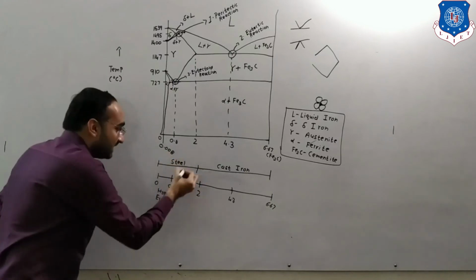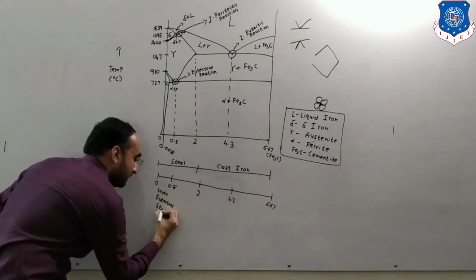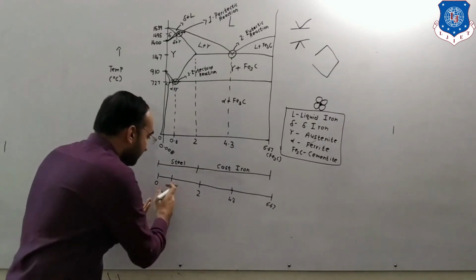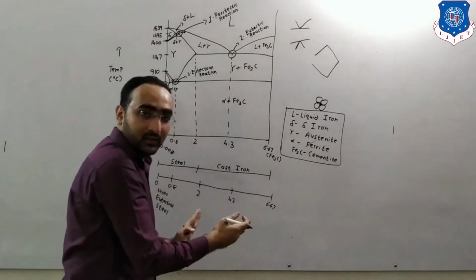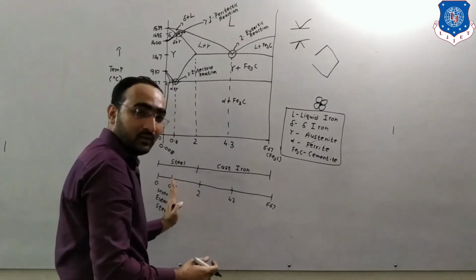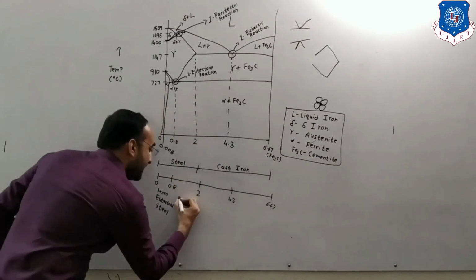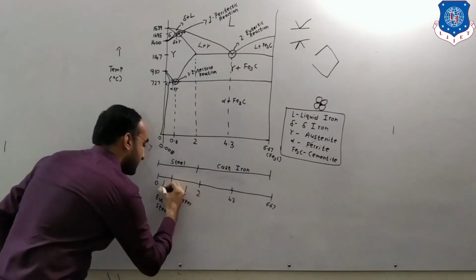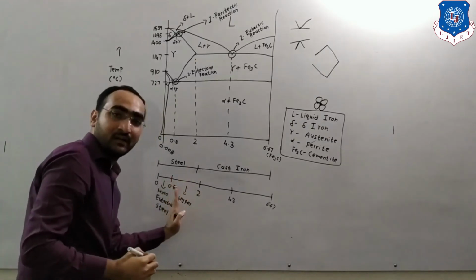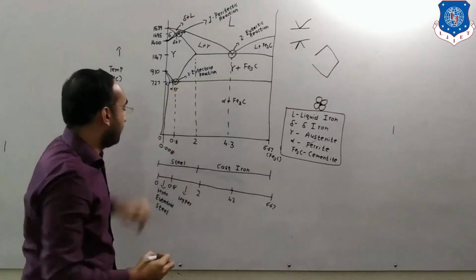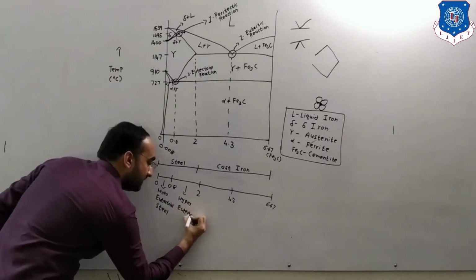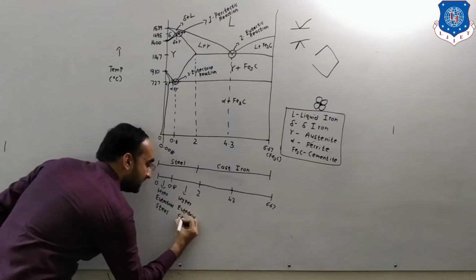And which area is it? That is steel. That is known as hypo-eutectoid steel. In the same way, the region after 0.8 is known as hyper. So this area is known as hyper. Which reaction occurs at 0.8? Eutectoid. So the hyper-eutectoid region is steel.